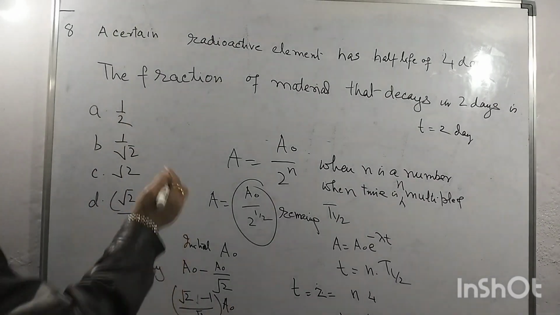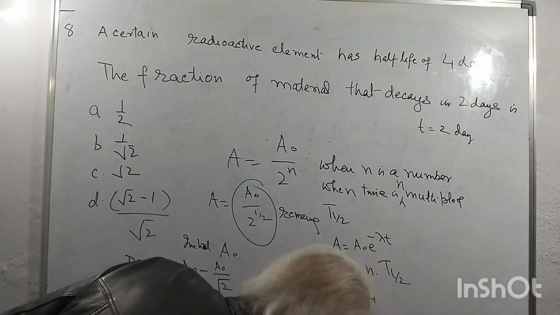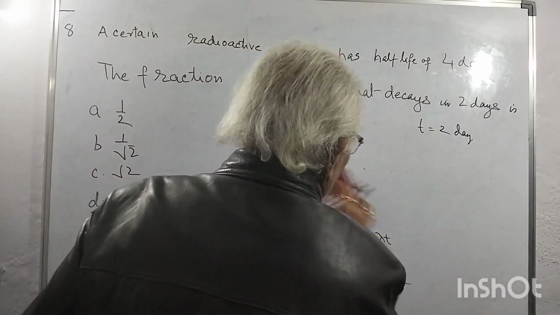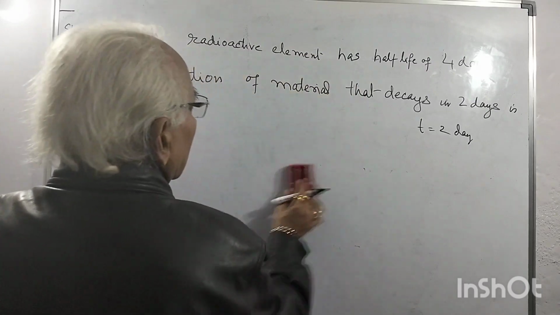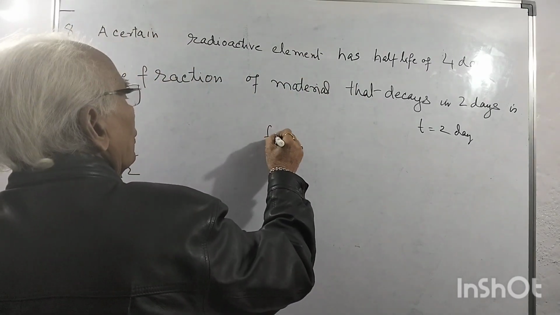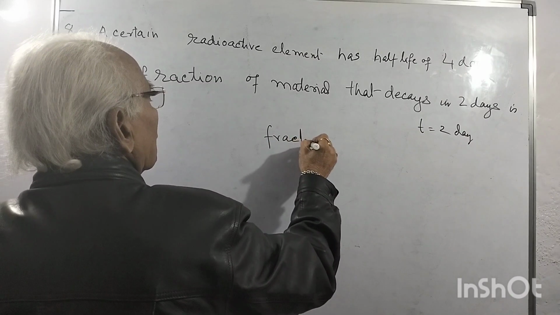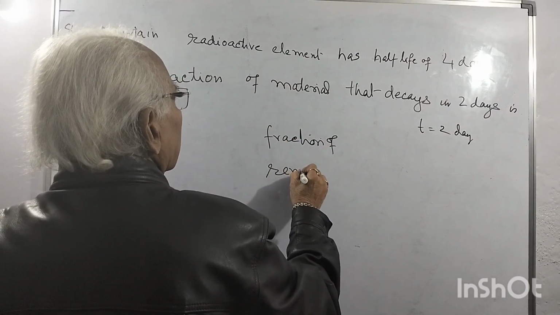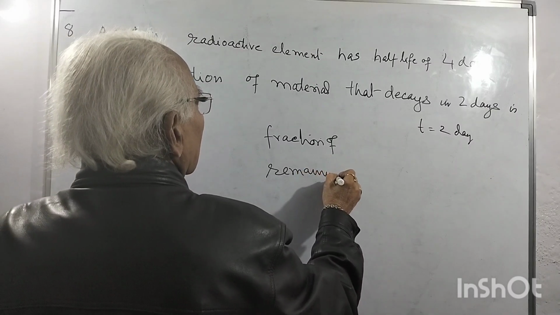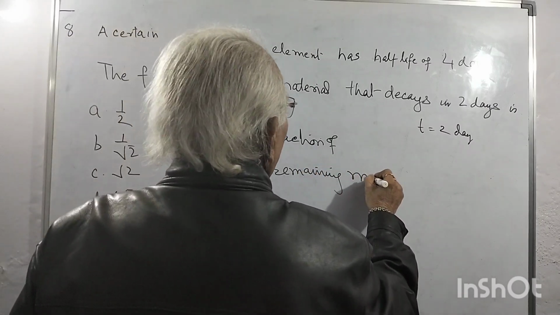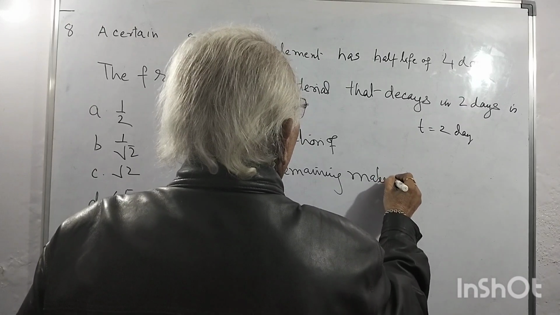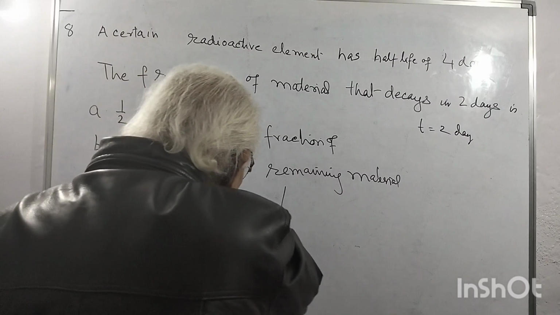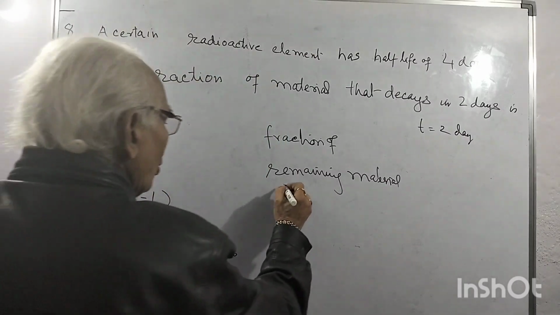So what is the fraction? The fraction of remaining material is A over A naught.